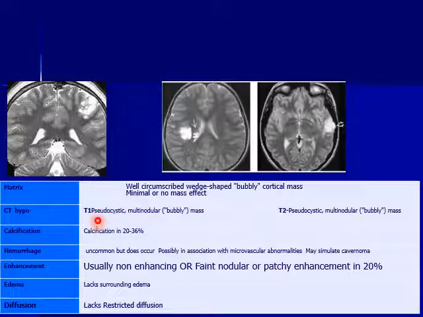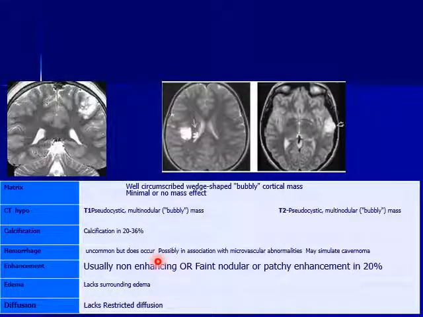In T1, it appears as a pseudocystic, multinodular bubbly mass, and the same in T2, but it is hypointense in T1 and hyperintense in T2. And of course, in CT, it is hypodense. It calcifies in about 30% of cases.